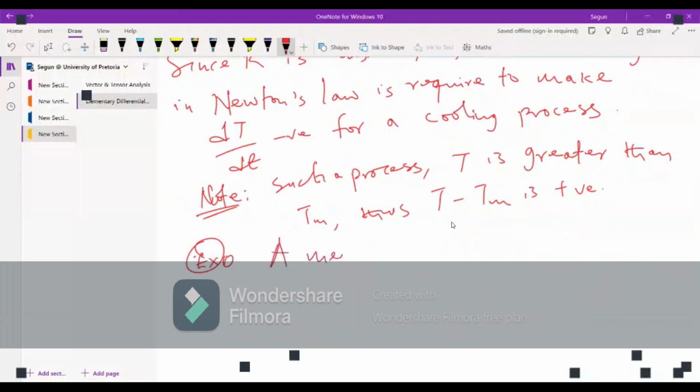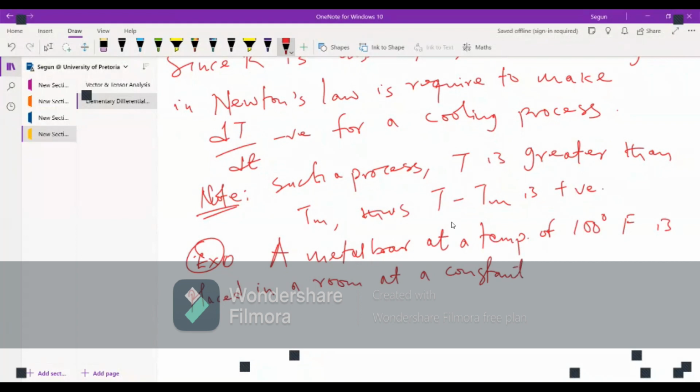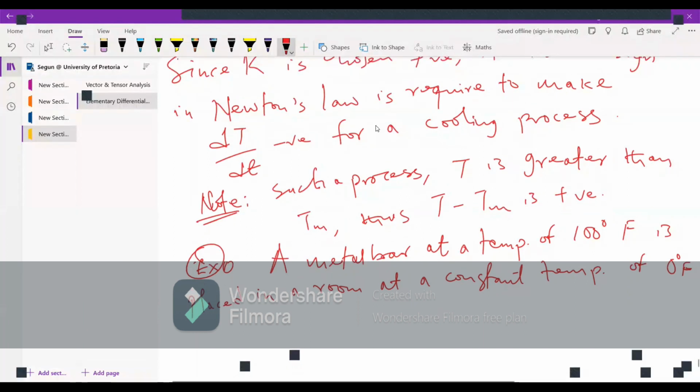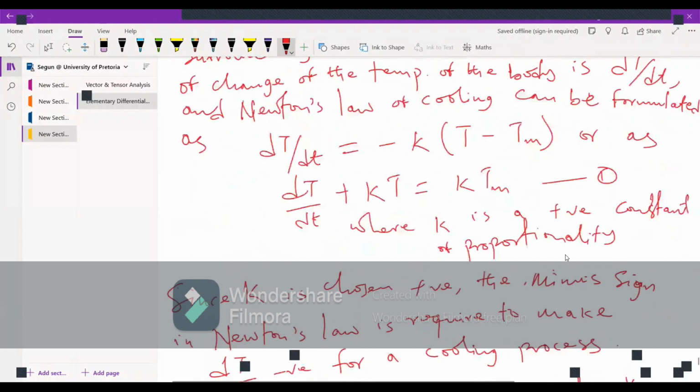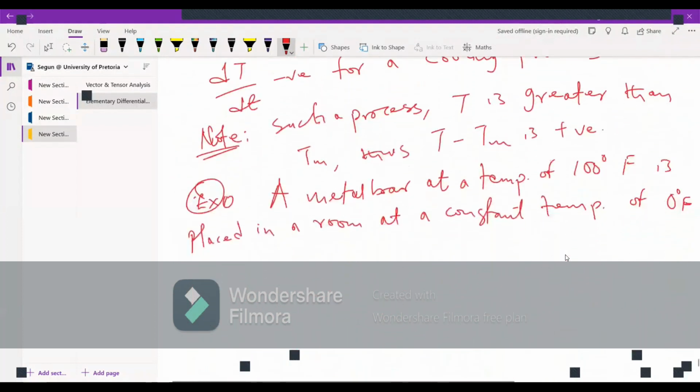A metal bar at a temperature of 100 degrees Fahrenheit is placed in a room at a constant temperature of 0 degrees Fahrenheit.